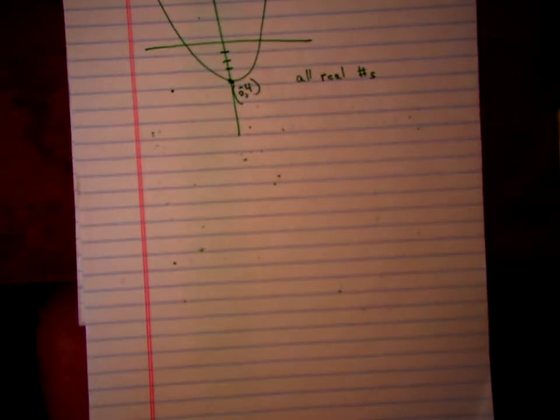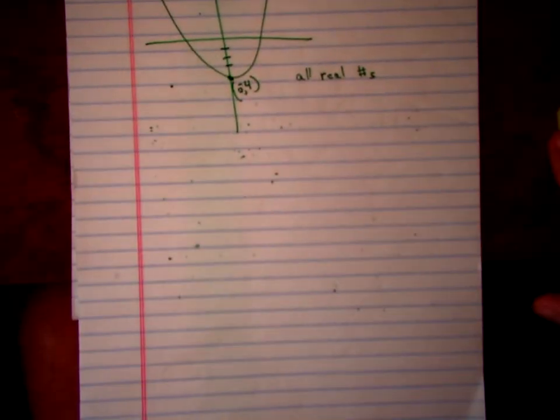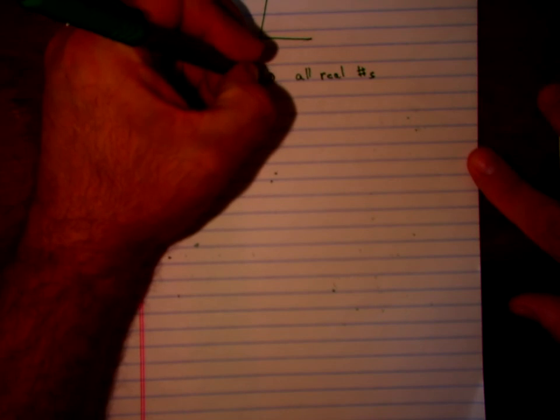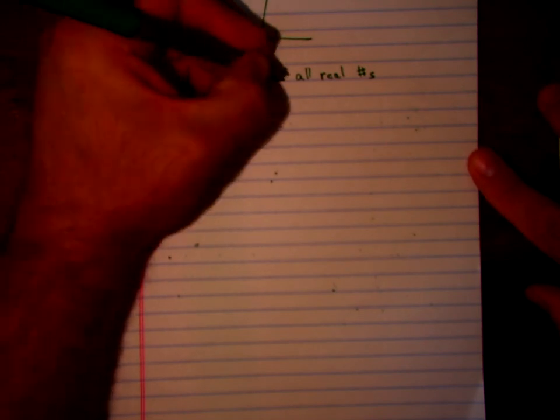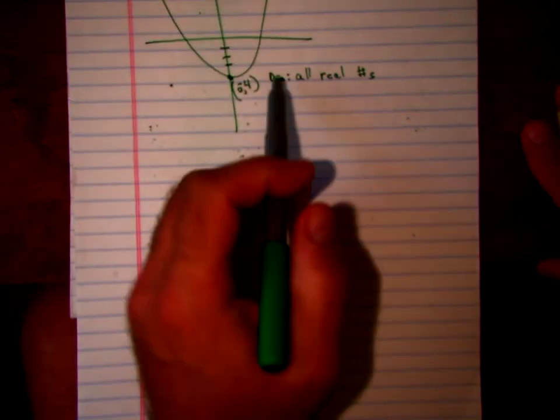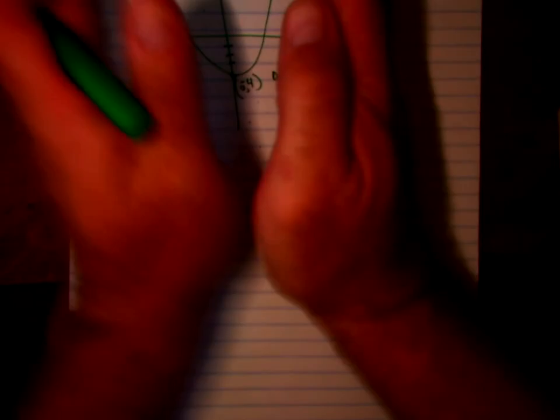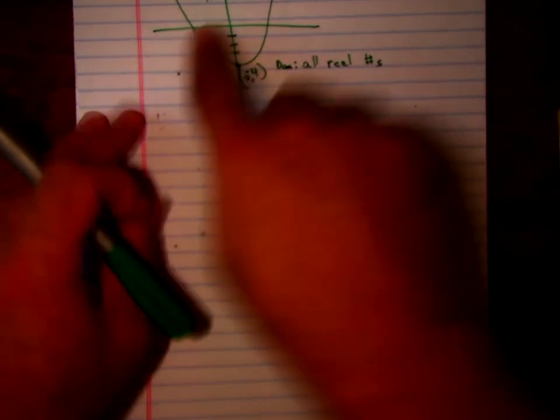It's never going to end because that's what a parabola does. So for my domain, it's all real x's, all real numbers, because it keeps going. Same thing with a line. It would be all real numbers because the line keeps going forever, and it would keep stretching across the x's.